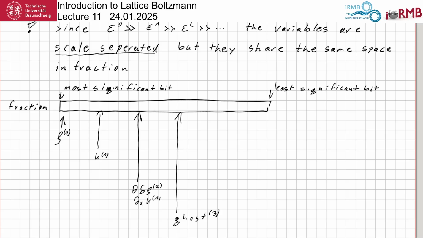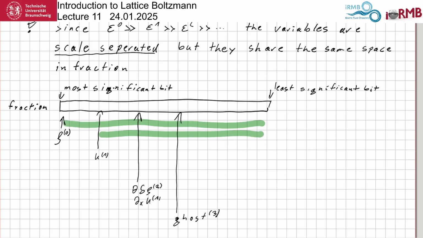So what does it mean? It means that for this constant density part, we can place this very accurately, because we have all the space available for the rho zero. For storing the velocity, we have less space, and for storing the pressure, we have even less space, and for the ghosts, we have even less space yet.